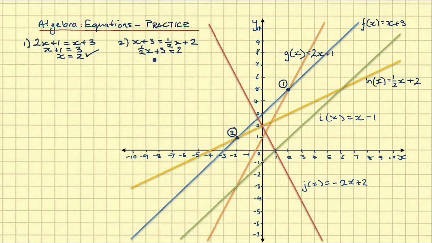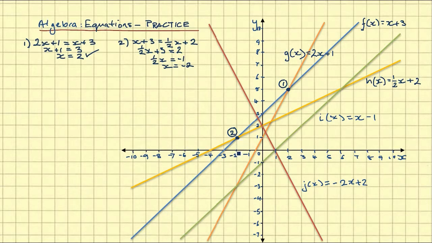And now if I subtract 3 from both sides, I've got half x equals 2 minus 3, minus 1. Now to get rid of the half, I simply need to multiply both sides by 2. 2 times a half will give me just 1, so 1x, in other words just x. And 2 times minus 1 gives me minus 2.